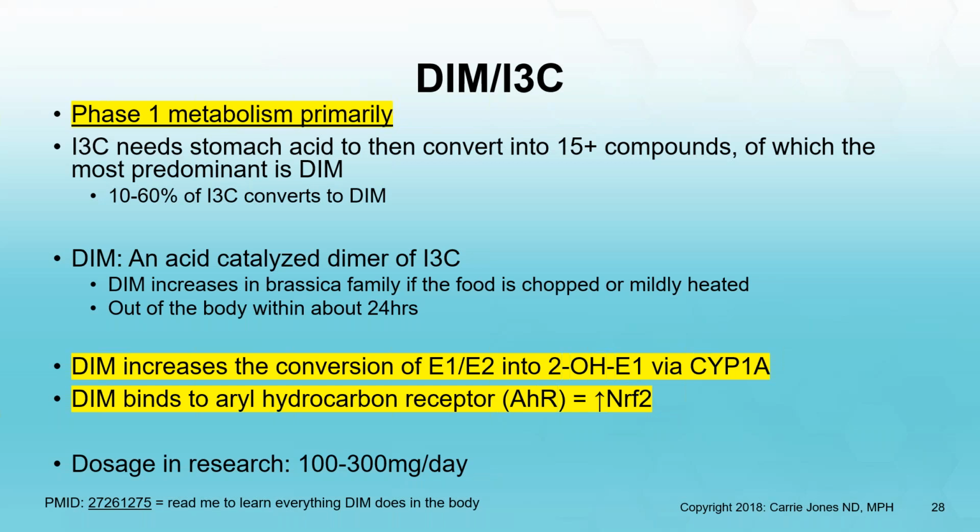Now, DIM also increases NRF2, and we're going to talk about NRF2 when we get into another treatment option, which is called sulforaphane, as NRF2 is really helpful for upregulating phase 2 enzymes to try to, of course, clear it out of the body. Research shows the average dose is 100 to 300 milligrams a day. And you can see I have a PubMed ID listed there.